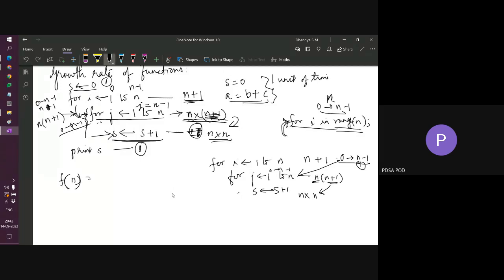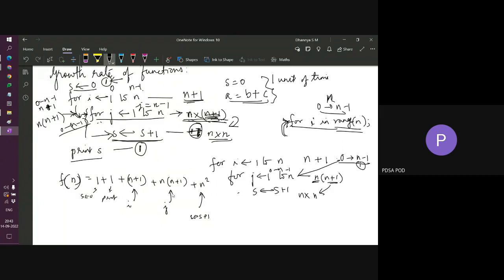So this step, as I said, is constant time. It's just getting executed once. This printf is also getting executed just once. So I have 1 plus 1, 2. This is from the s is 0 and this is from the print. Now I have the i loop, n plus 1, plus n into n plus 1, which is the j loop, plus n squared, which is the s equal to s plus 1.